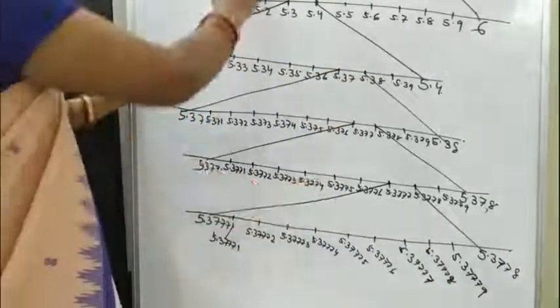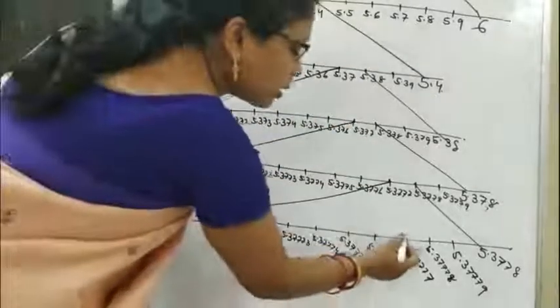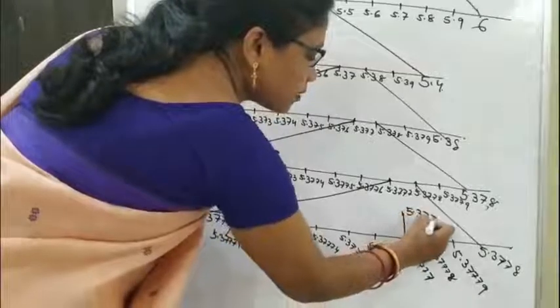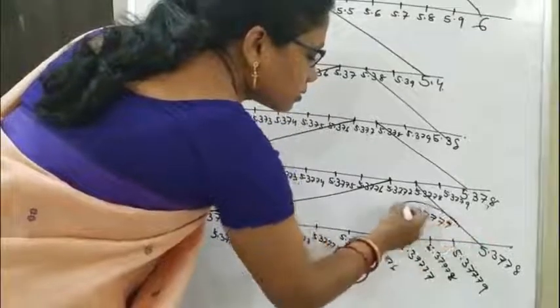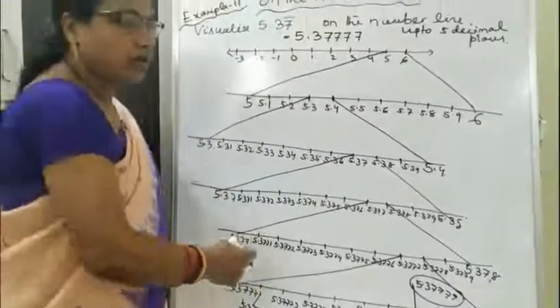So here we got 5.37777. So here we locate this decimal number on a number line.